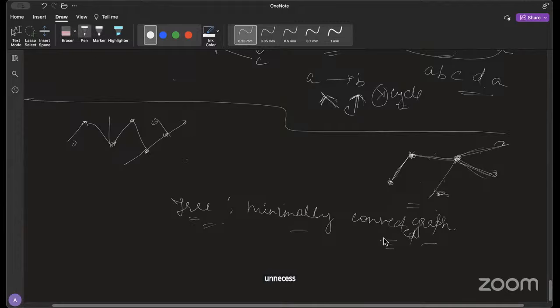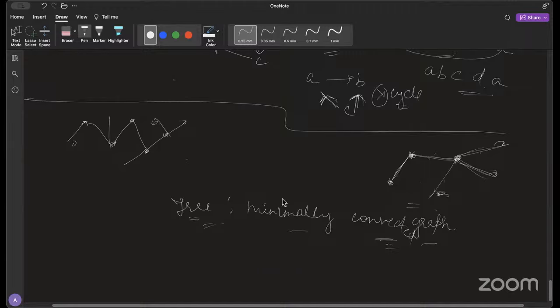Unnecessary in terms of connected graphs. If you put one more edge to this, that will be the closing edge for a cycle, right? That closing edge is what's causing the problem here. That's why it's not a tree. Is that okay?